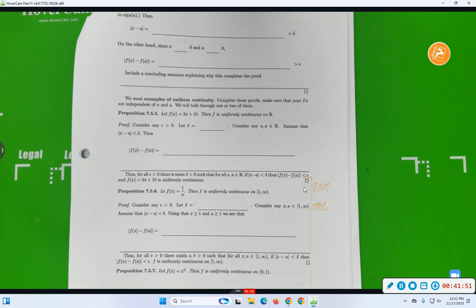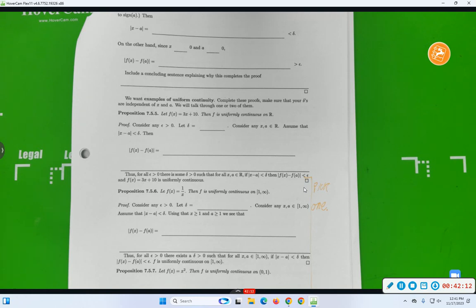Since I have a formula for this function, I bet I can get a formula for delta. In fact, does anyone just already have a choice for what delta might work? We'll figure one out. We'll consider any x and a in the domain.